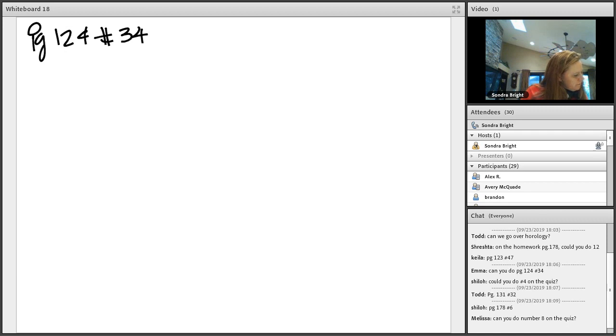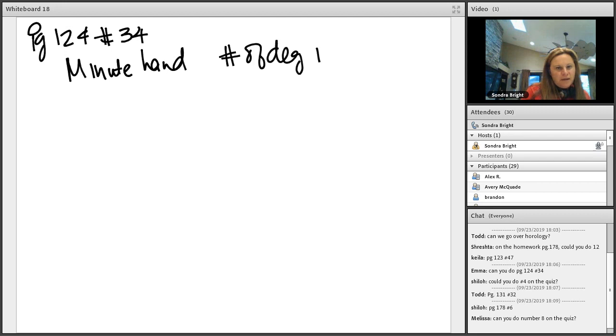Horology is a science, blah, blah, blah. Through how many degrees does the minute hand of the clock rotate in 3 hours and 45 minutes? So, minute hand, how many degrees? Number of degrees in 3 hours and 45 minutes.